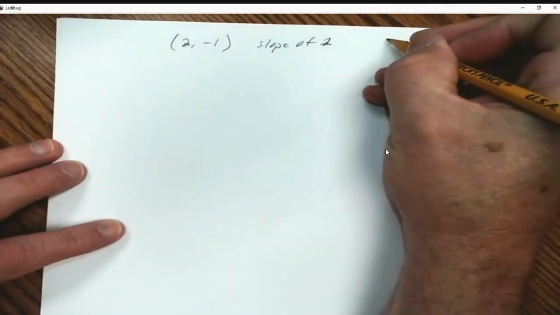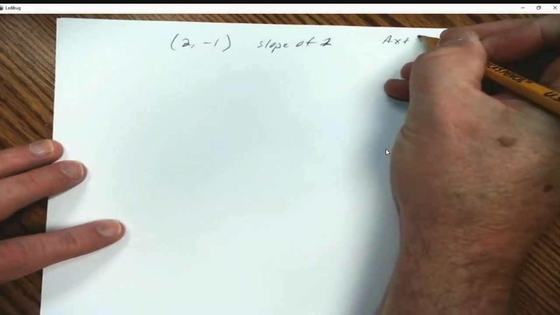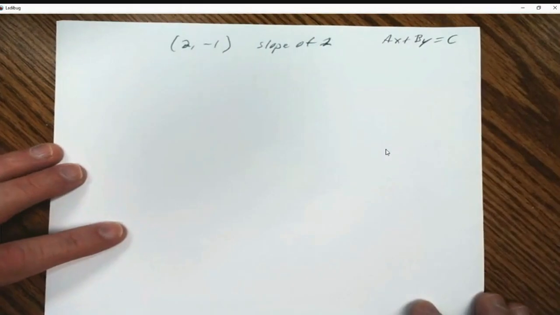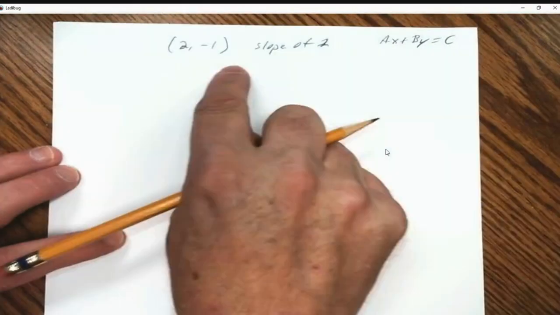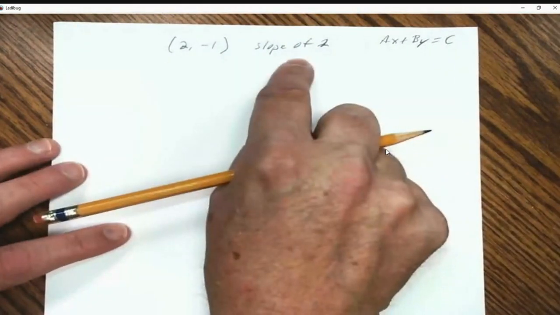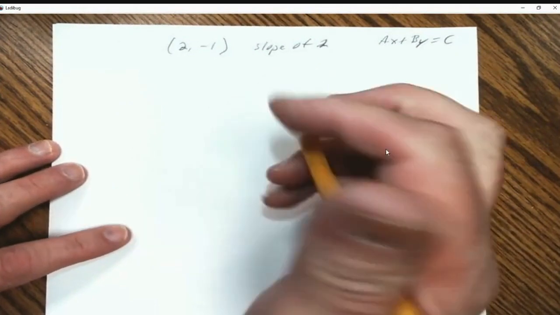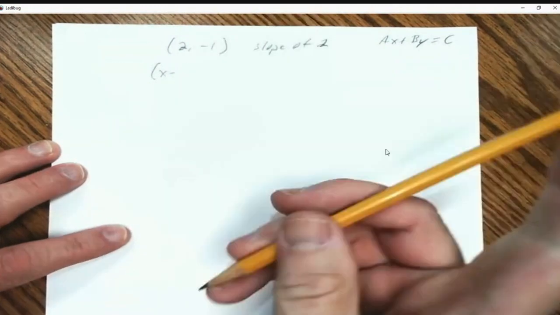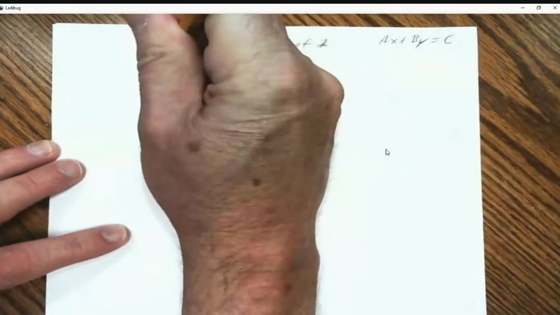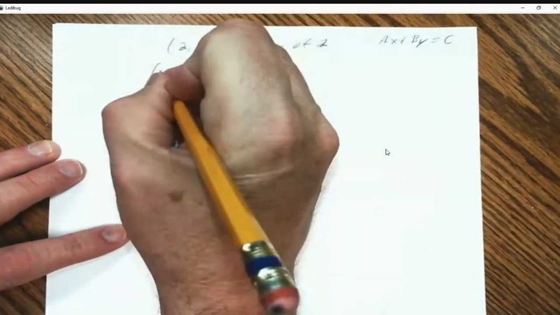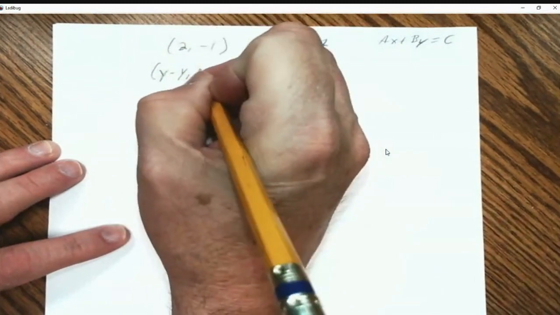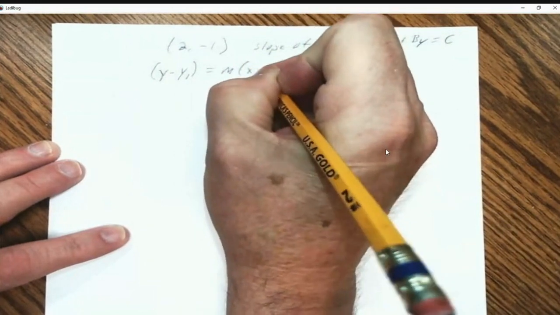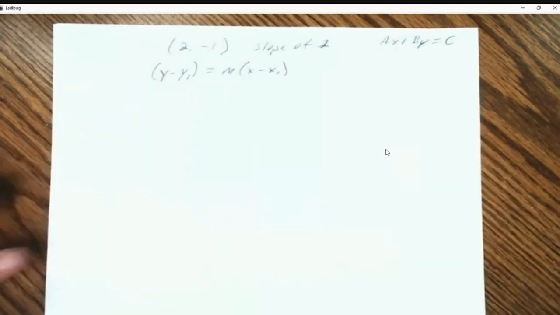Standard form is ax plus by equals c. That's the standard form of a line. Well, if all we have is a point and slope, we could use the point slope formula, which is y minus y1 equals m times x minus x1, right?